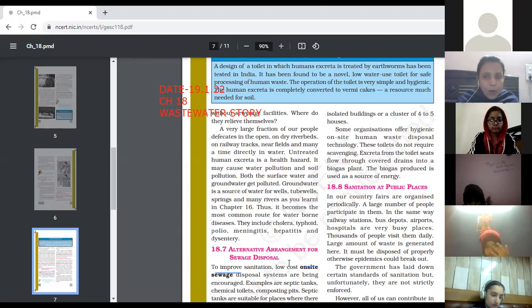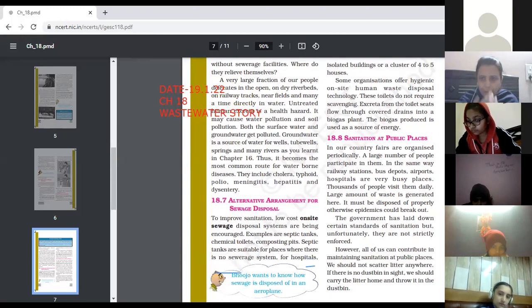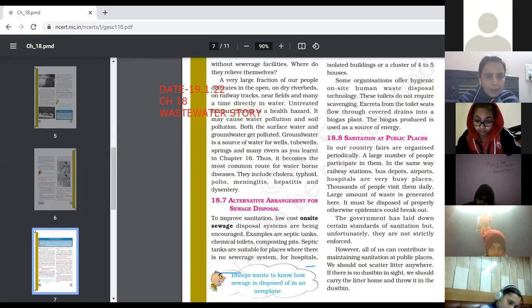So what is the alternative to that we are going to study tomorrow. Okay, the rest will be taken, and after that it will be sanitation at public places. Even a few things are there which should be kept in mind, that whenever we are at a public place, we should keep a few things in our mind.